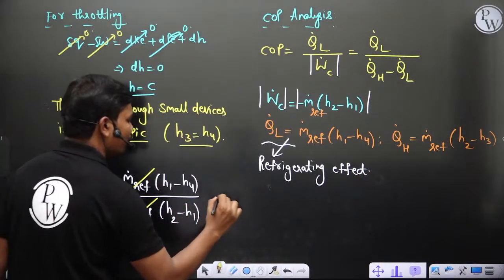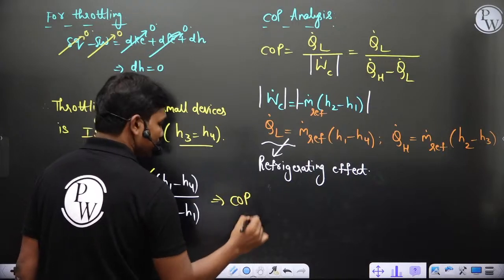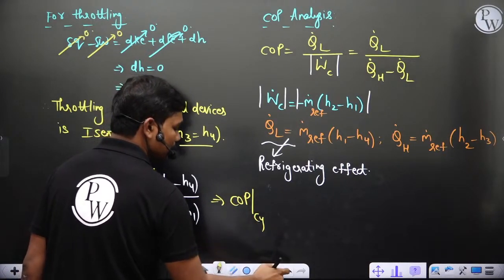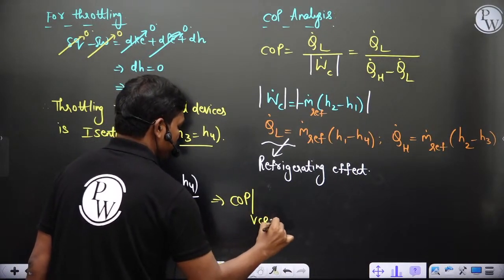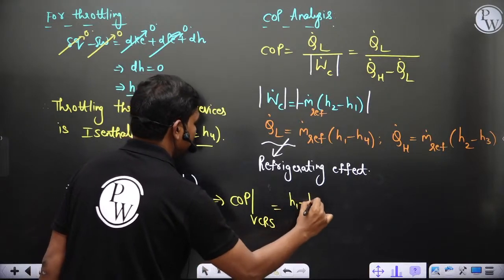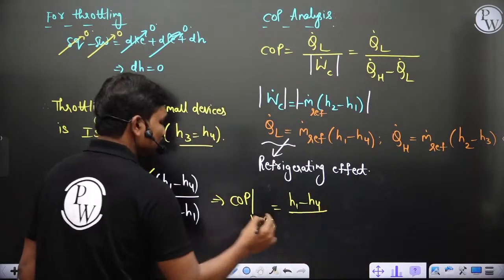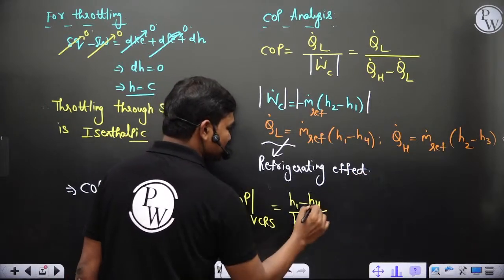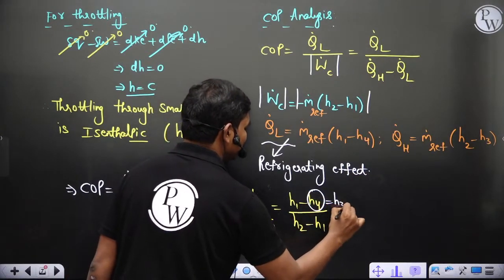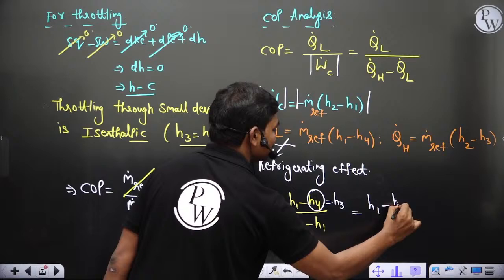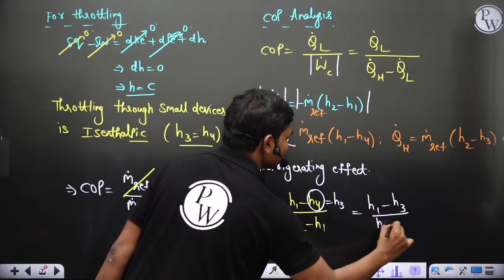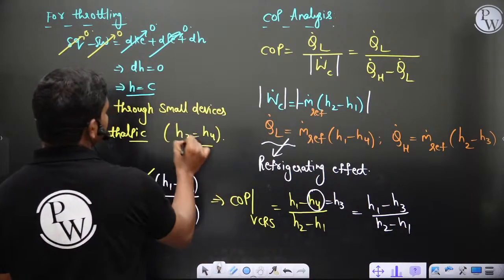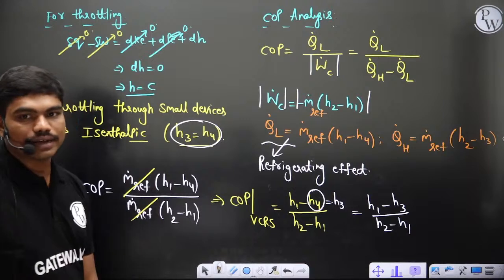So the COP of the cycle, the COP of VCRS, is equal to H1 minus H4 divided by H2 minus H1. You need not worry about H4, because H4 can be made equal to H3. So this is H1 minus H3 divided by H2 minus H1, because states 3 and 4 are the same. So this is what you have.